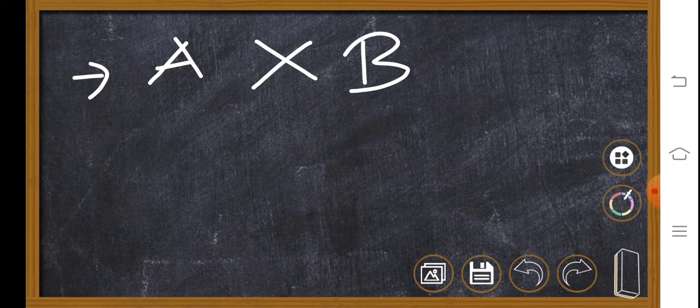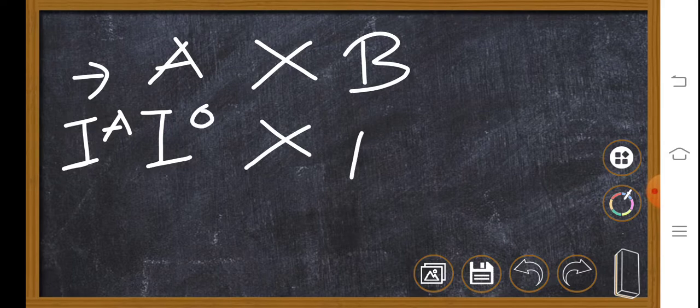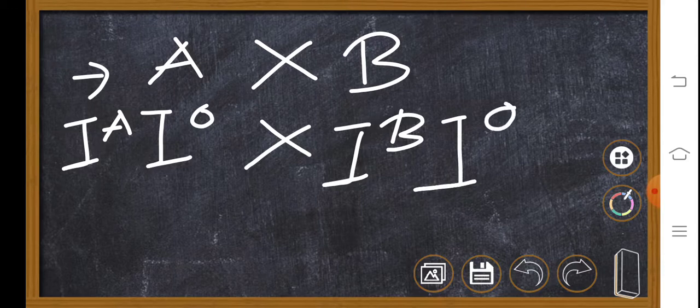When you get this condition, and it is not mentioned whether it is homozygous or heterozygous in the question paper, you always take the heterozygous condition. If it is mentioned that it is homozygous, then it is okay. But if it is not mentioned, you always take the heterozygous condition.